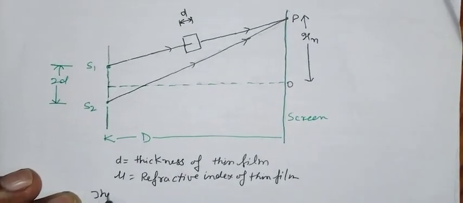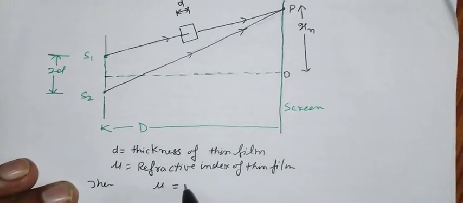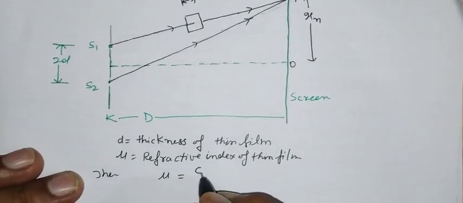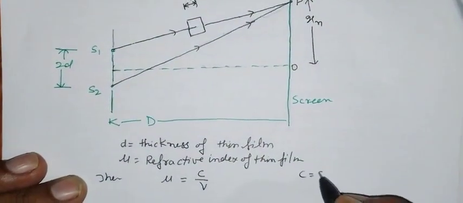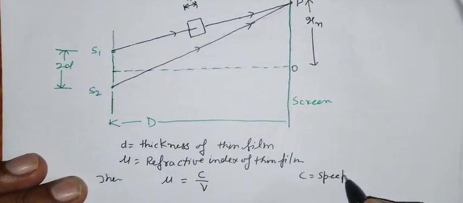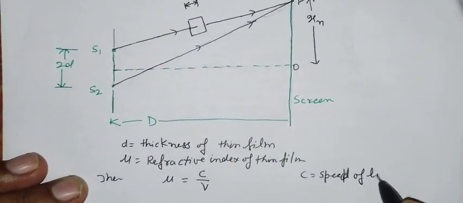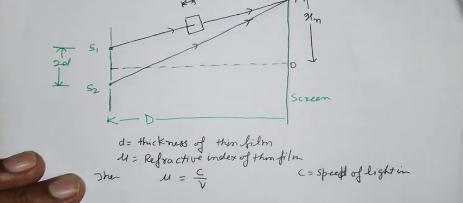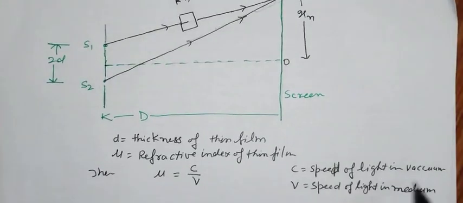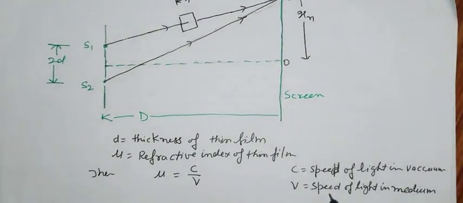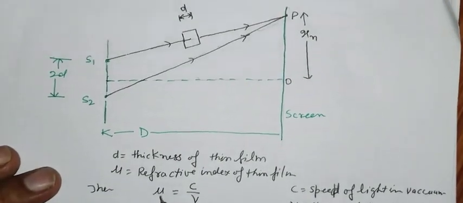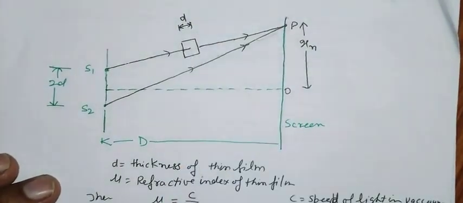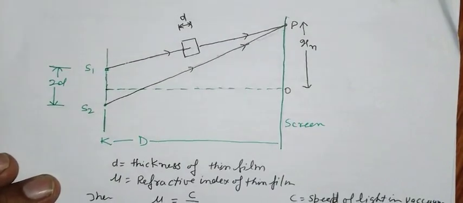Then the refractive index can be given as c by v, because c is the speed of light in vacuum, and v denotes the speed of light in the medium. So the refractive index of the thin film, mu, is given by c by v.